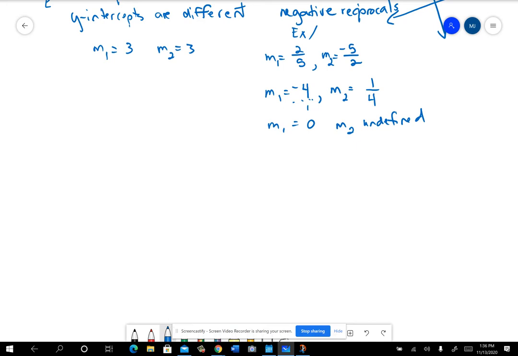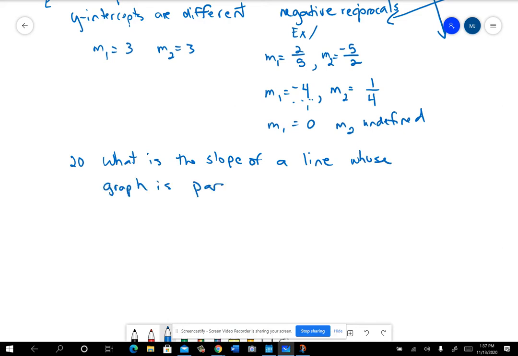I want to back up and look at one that just had to do with finding the slope. It was number 20, and I'm going to write this out. It said, what is the slope of a line whose graph is parallel to 5x plus y equals -4?